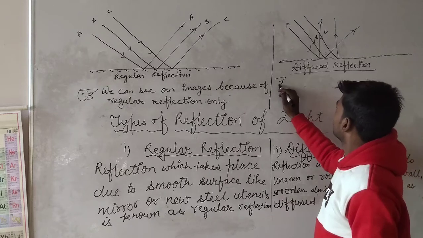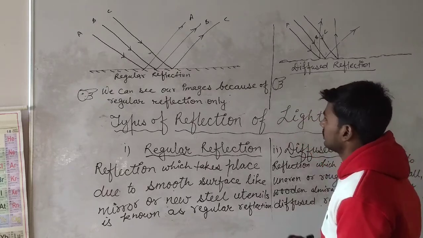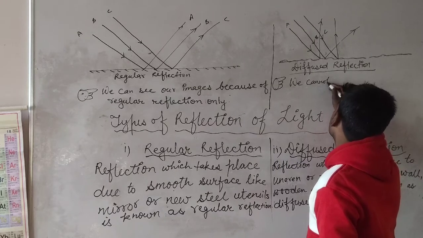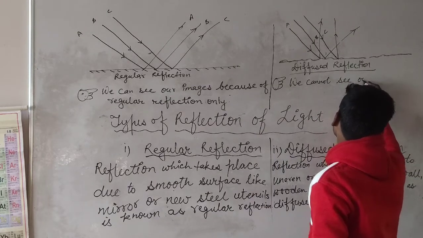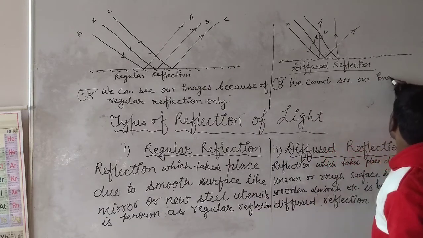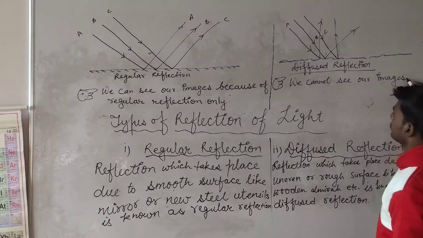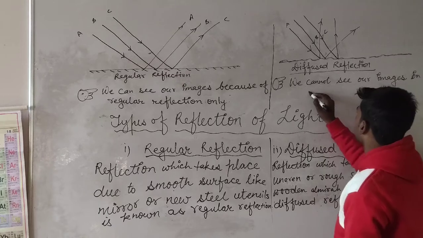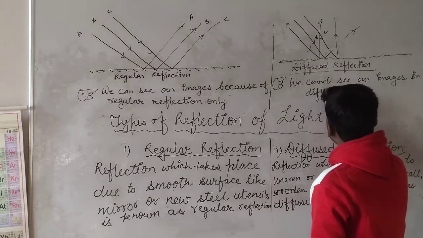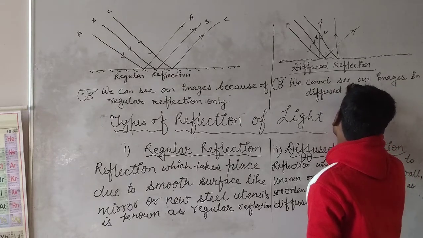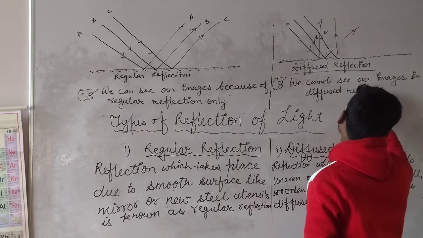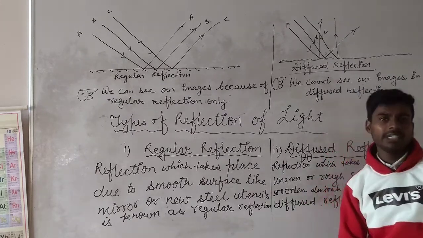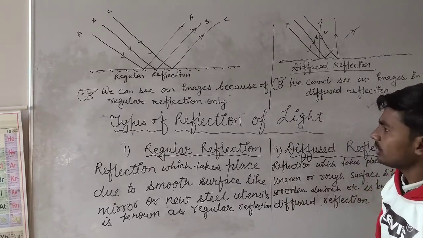The important point is that we cannot see our images in diffuse reflection.